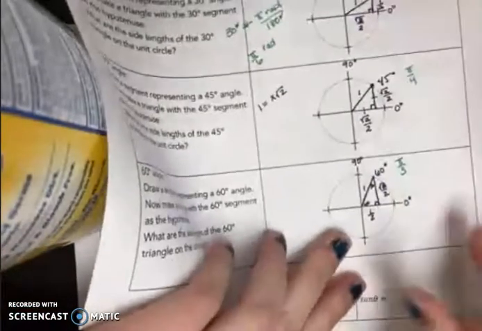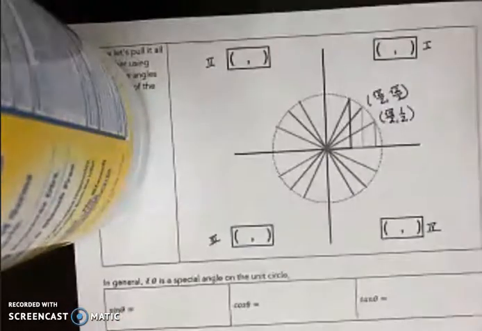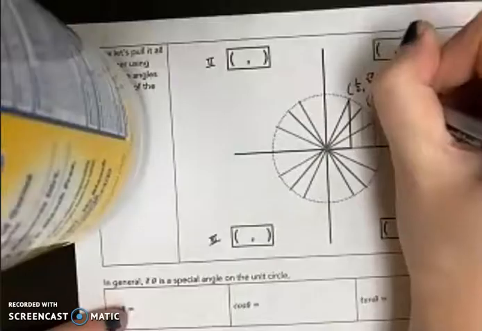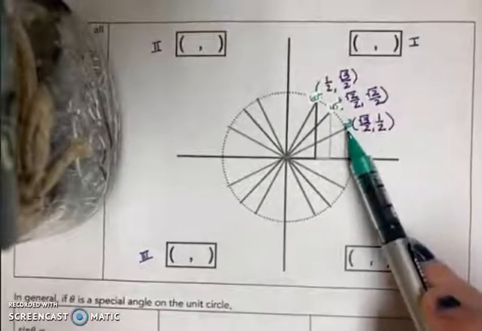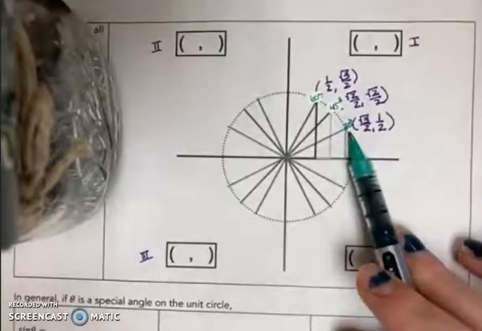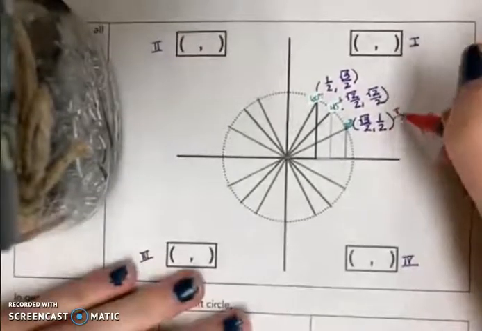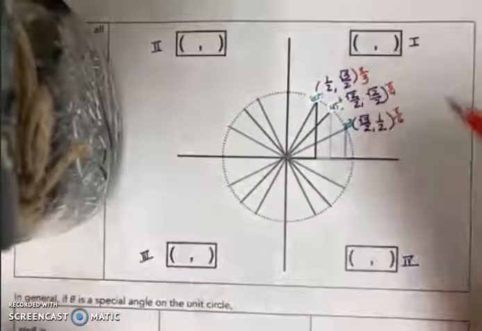You can see here's the x value, it's 1/2. Here's the y value, root 3 over 2. Those are the coordinates for 30 degrees, 45 degrees, 60 degrees. If you want to write this as well, I'll do different colors just so you can see. That's pi over 6, pi over 4, and pi over 3.